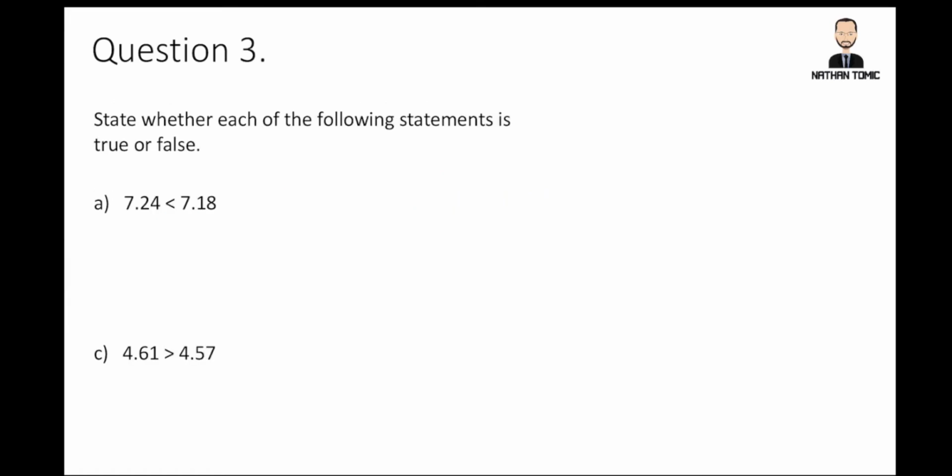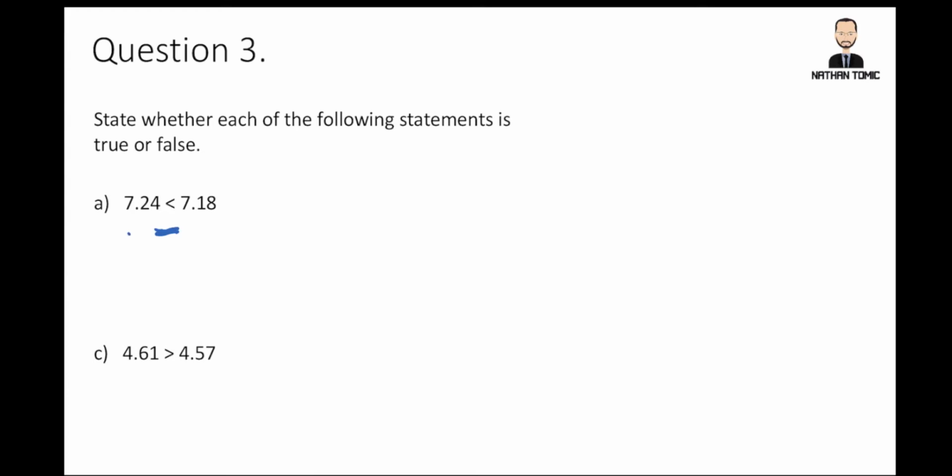Question 3. It's asking us to state whether each of the following statements is either true or false. While the answer is expecting just a true or false, we expect to see some form of working out. So at the very least, we need to look at this question and write it out if need be in our books. We've got 7.24. It's saying, is it less than 7.18?